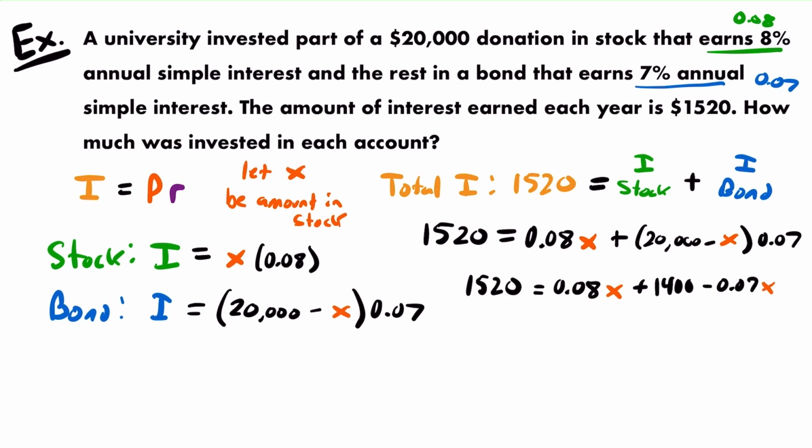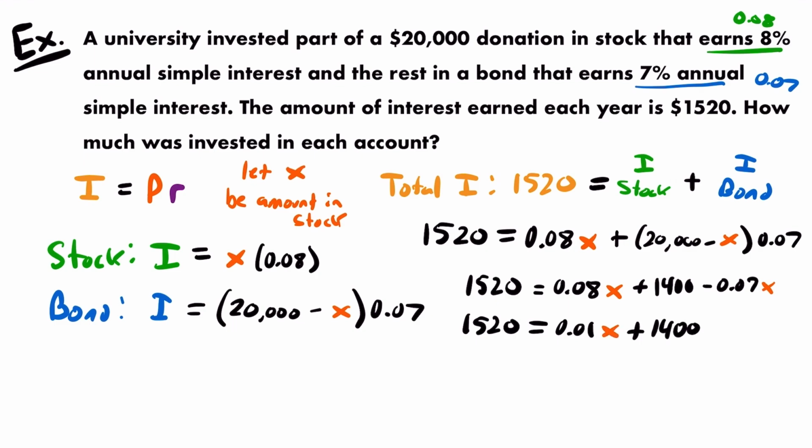Okay, and so now we want to simplify further. Notice that we have two like terms here. They have the same variable part of X. So we can combine the coefficients, and 0.08 plus negative 0.07 would be 0.01. So what we have here is 1,520 is equal to 0.01 times X plus 1,400.